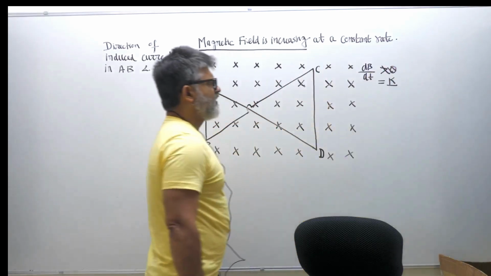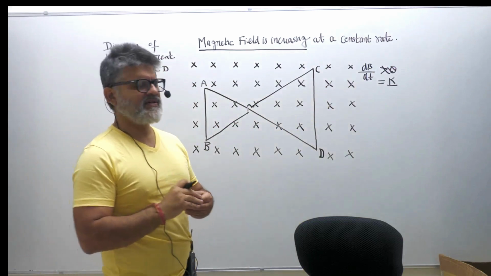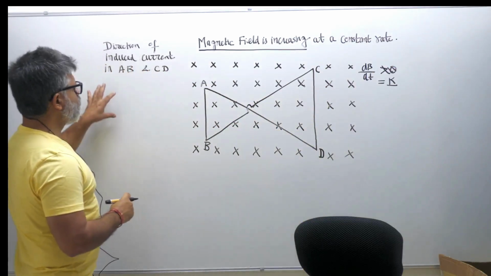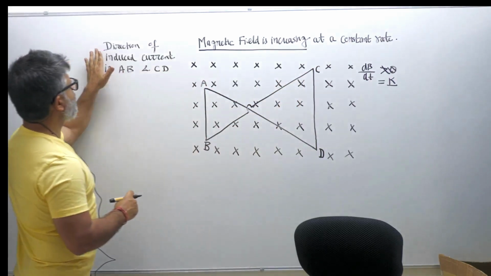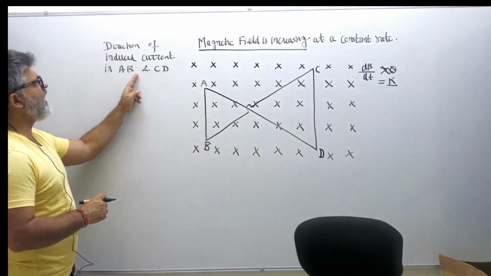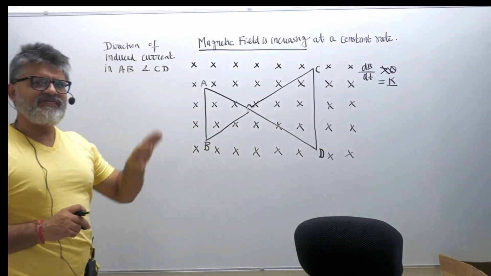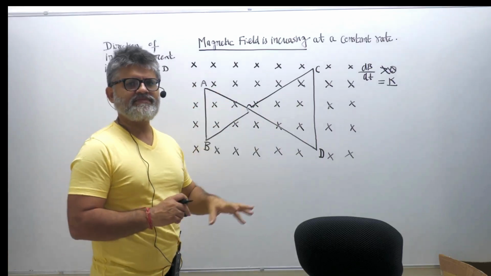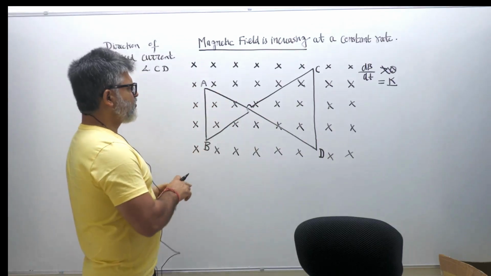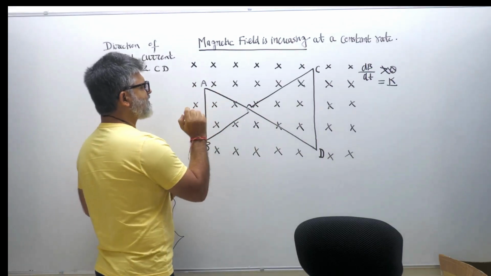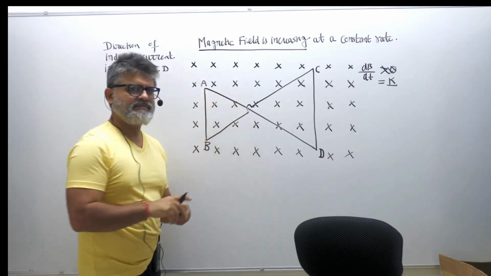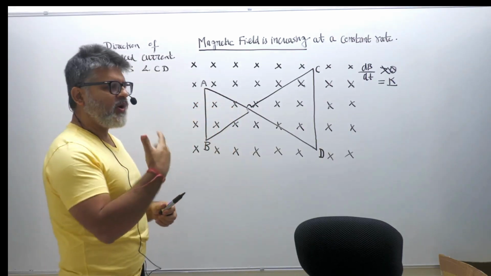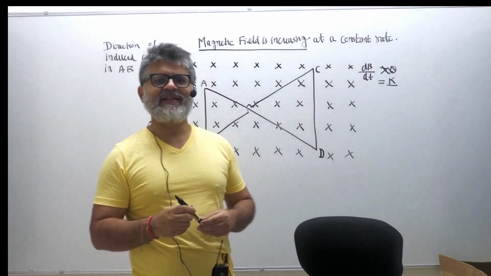So this is a loop which is given to you. You have to find the direction of induced current in AB and CD. If the magnetic field increases, which means the number of flux lines here will go up, right? So what is the statement of Lenz's law?